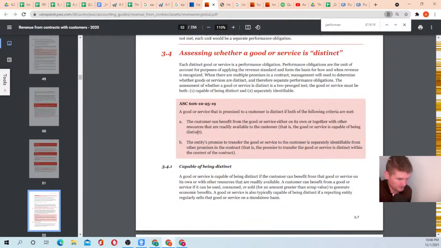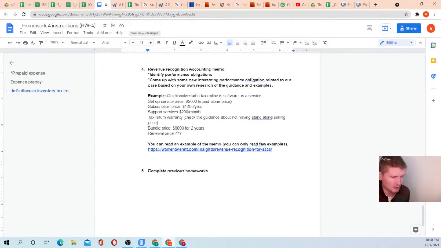So basically, obviously in our example, we have some promises here. We promise something to the customer. Set up his package, provide him services through subscription, provide him some support services, provide him some warranty, and that's basically it. These are our promises.